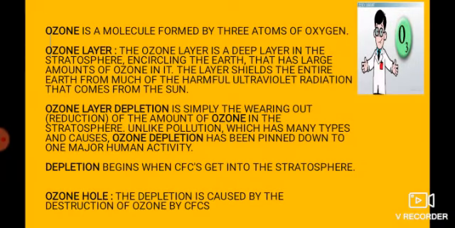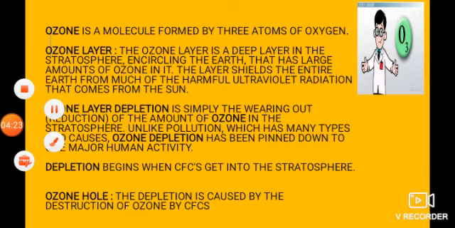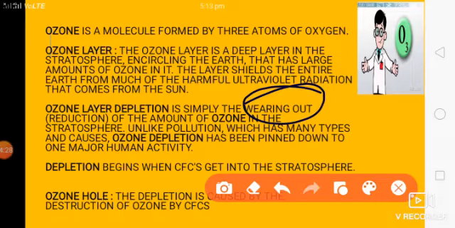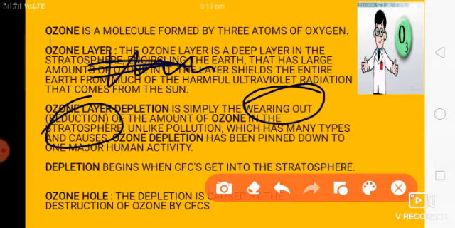So here you have to understand one more thing, the depletion of ozone layer. Depletion of ozone layer is the wearing out or reduction of the amount of ozone in the stratosphere. That means the protective layer or the ozone layer that I am talking about is becoming thin.